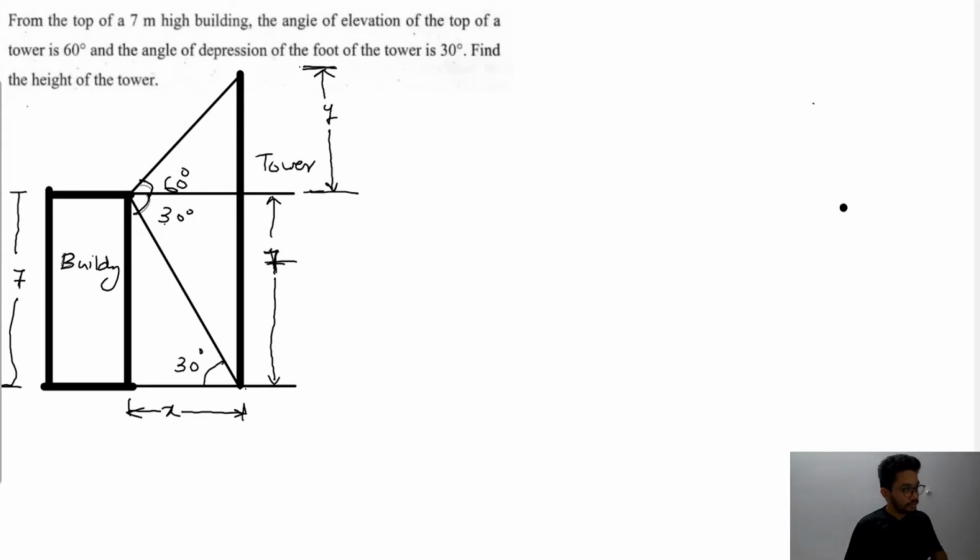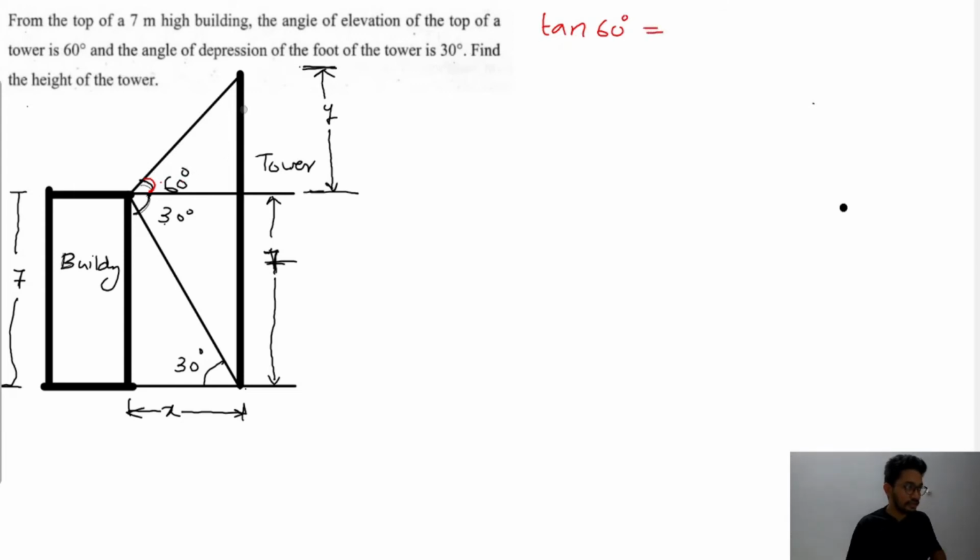So this is our angle of 60 degrees, and this is what we need to find. Let me take tan 60 degrees first.